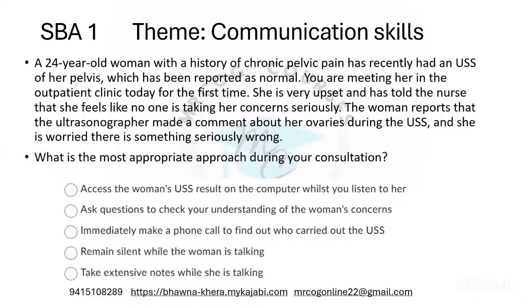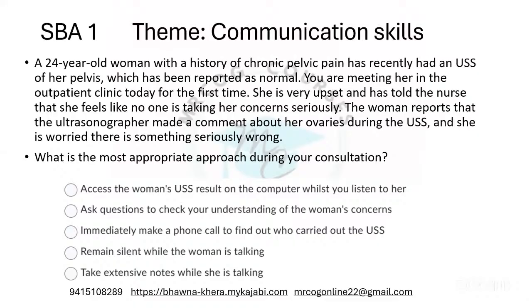So, ask questions to check your understanding of the woman's concern. See, option D also seems to be okay. Option D is remain silent while the woman is talking. You may think that sitting and listening to the woman carefully is good communication skill, but you need to check her understanding.